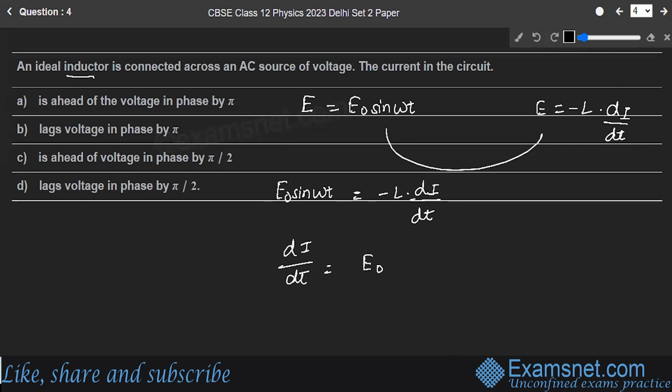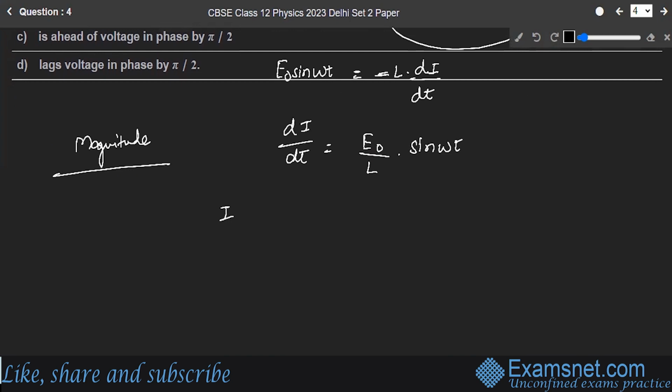E naught. See, this is just showing the direction. So I'm considering the magnitude now. I will ignore the direction for the time being. So the magnitude will be E naught upon L into sine omega t. Let's integrate on both the sides.